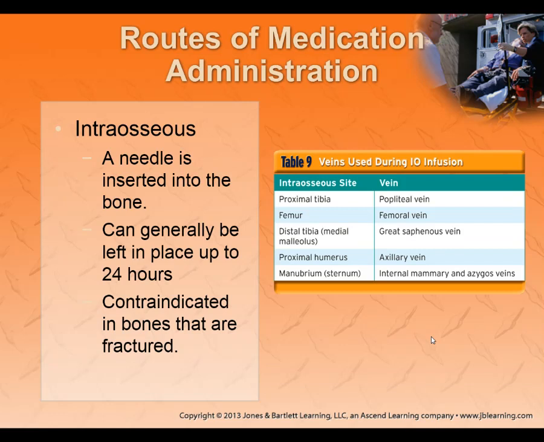We only do these in really, really serious conditions, and we only leave them in place for 24 hours. Hopefully within that 24-hour period, we have gotten that patient to a place where we can put either a central line or a regular IV in. Anyone who has an interosseous IV site is in very, very serious condition.